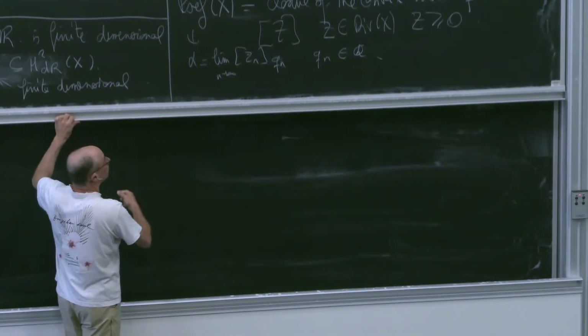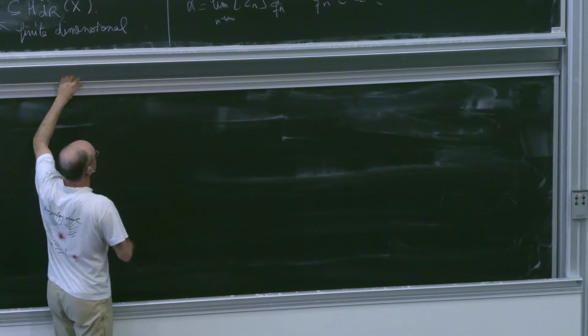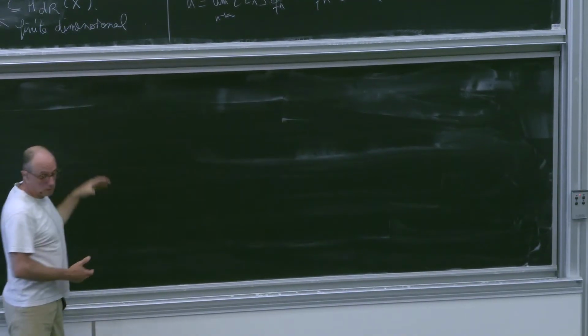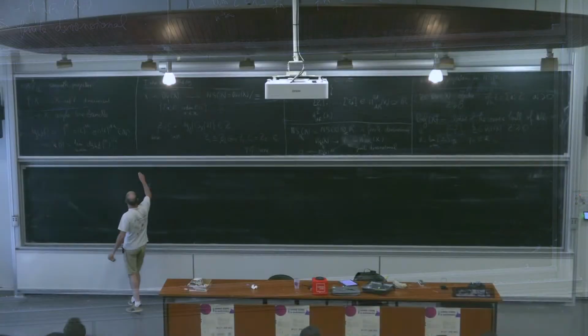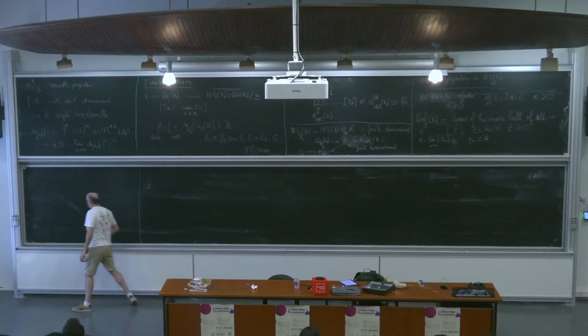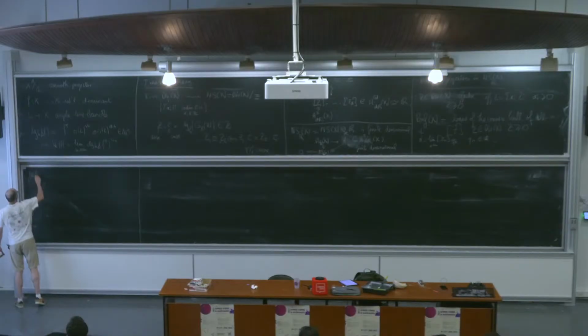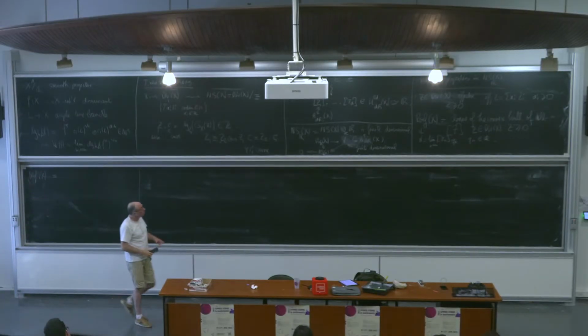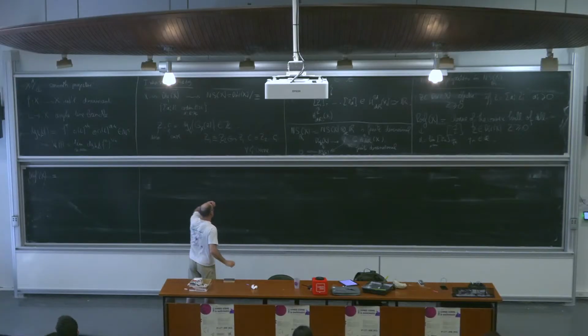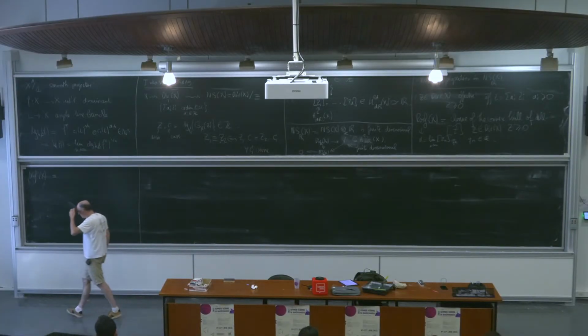And there is also another cone, a smaller cone which is even more important than this one, which is called the nef cone.